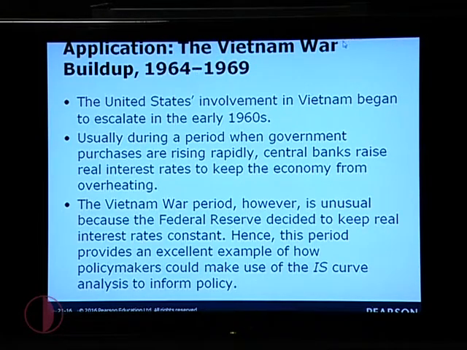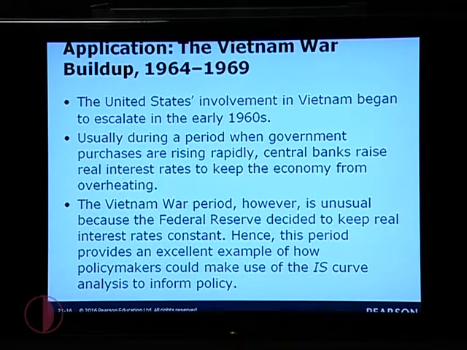Application: the Vietnam War. The United States involvement in Vietnam began to escalate in the early 1960s, but what happened was that the government tried to increase its purchases. Usually, in a period when government purchases are rising rapidly, central banks raise the real interest rate to keep the economy from overheating.